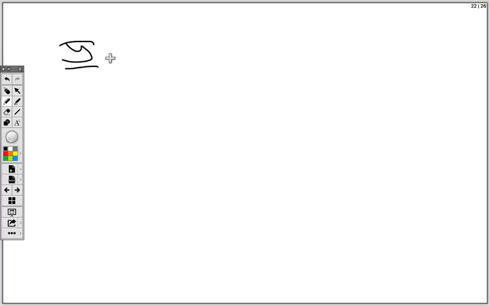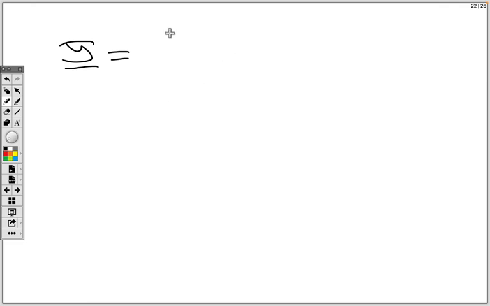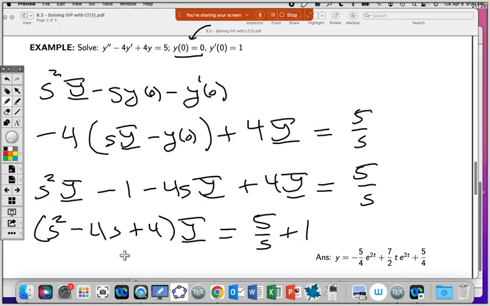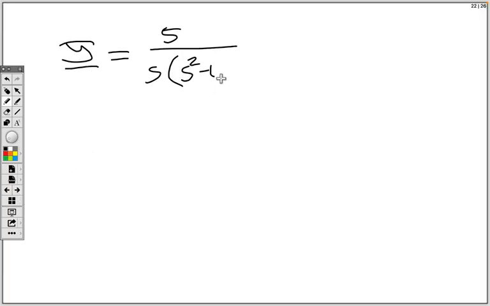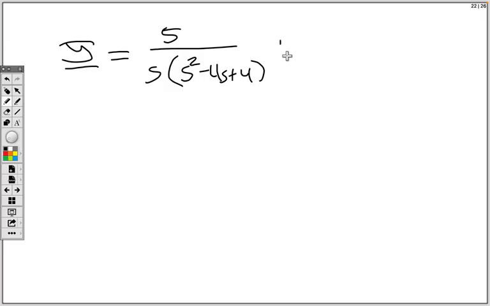So we're going to get Y equals 5 over s times s squared minus 4s plus 4, plus 1 over s squared minus 4s plus 4.